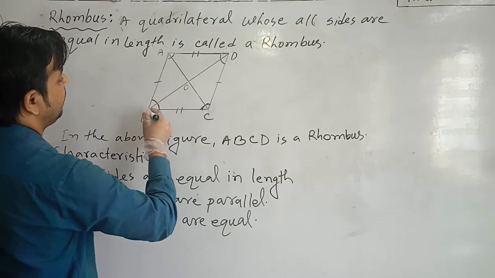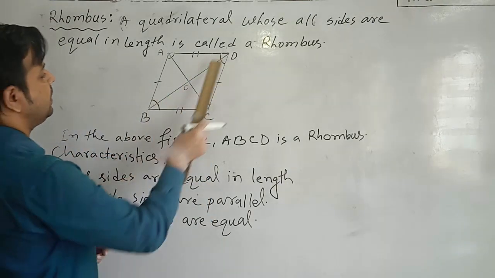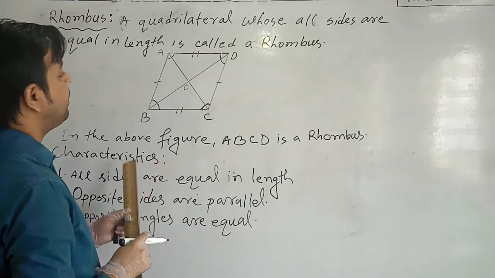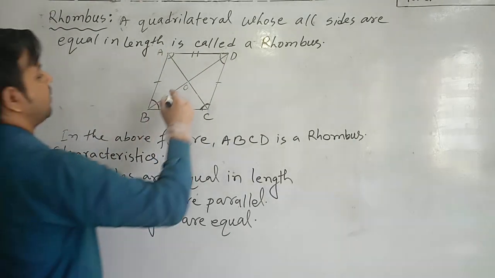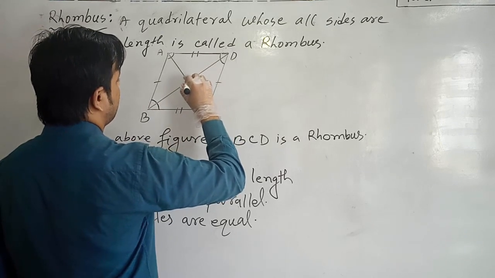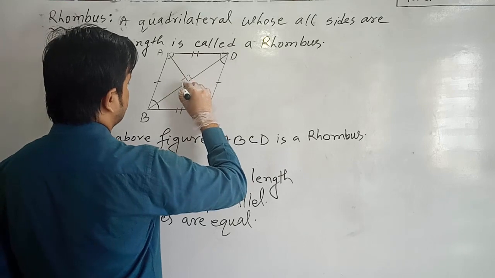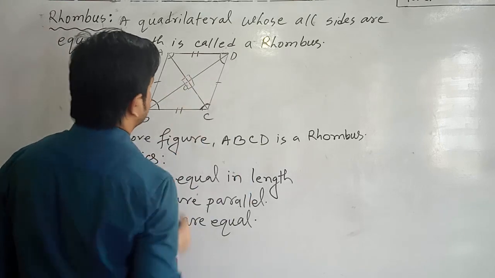Length of OB will be equal to length of OD. It means that these two diagonals bisect each other. And here the produced angles will be right angles.